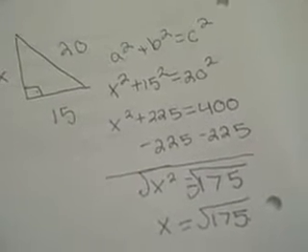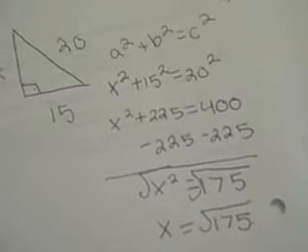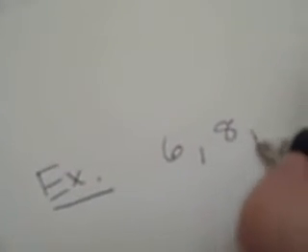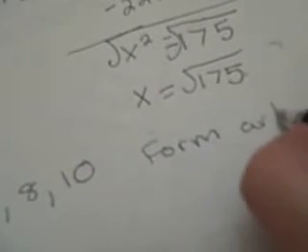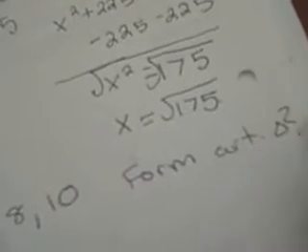Now we're going to talk about how you can tell if something forms a right triangle or not. Suppose I just gave you 3 numbers. 6, 8, and 10. And I wanted you to tell me, can this form a right triangle?